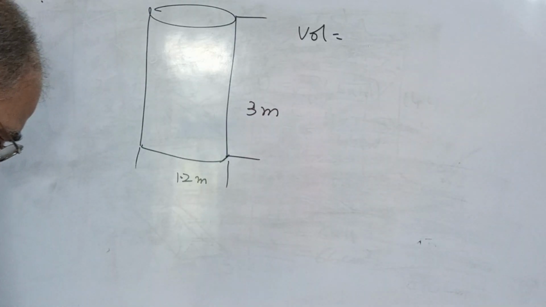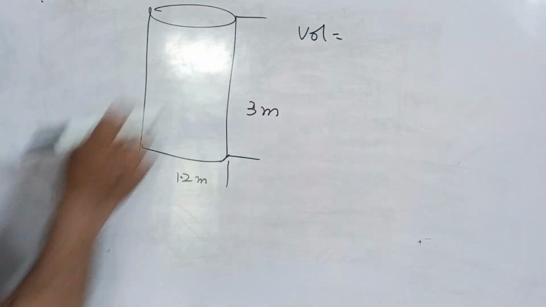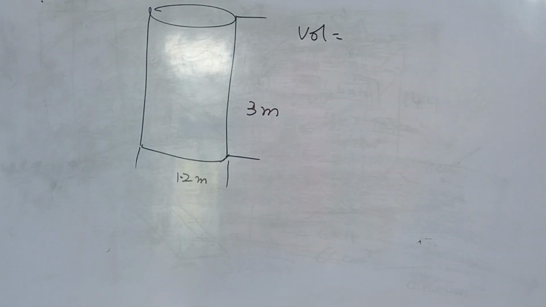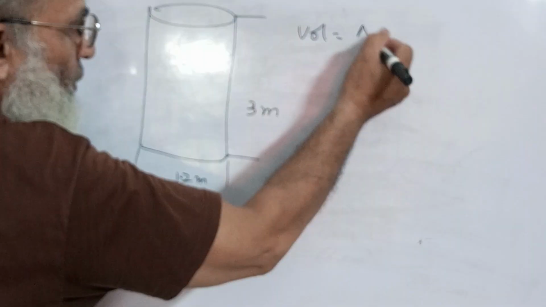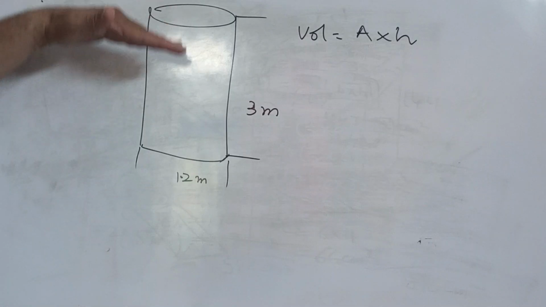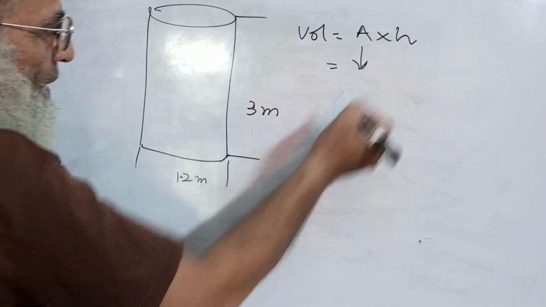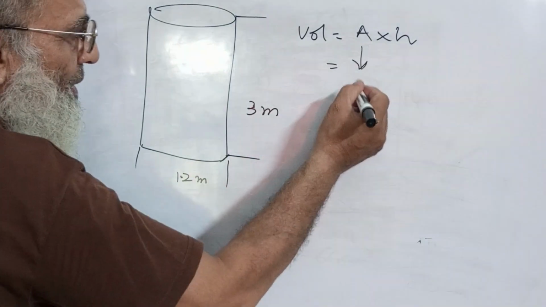First we have to find the area of this. What is volume in fact? Volume is area into height. Height is given, so if I find the area of this circular part, I'll be able to find it. Area is pi r square.